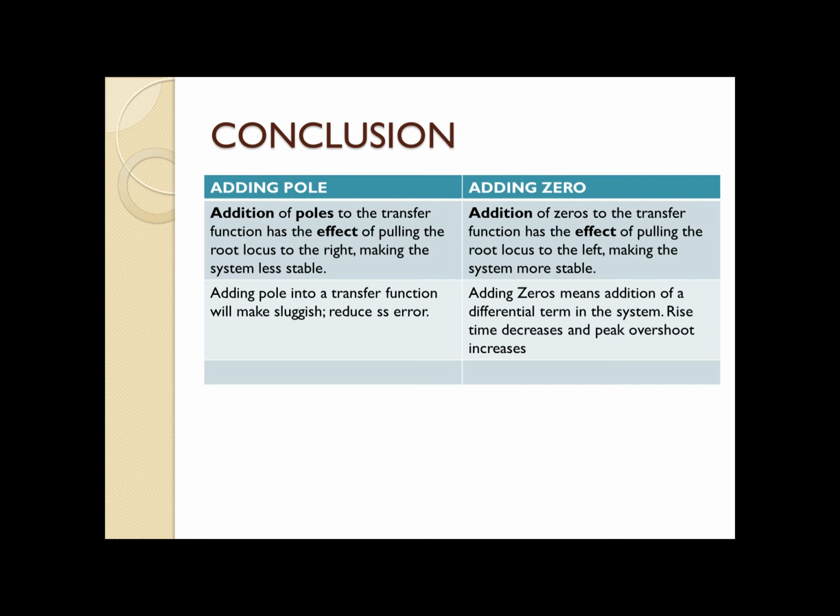So the rise time decreases and the peak overshoot of the system will be increased. So this will happen if we add some poles and zeros to a system, and in this way the root locus will be changed.